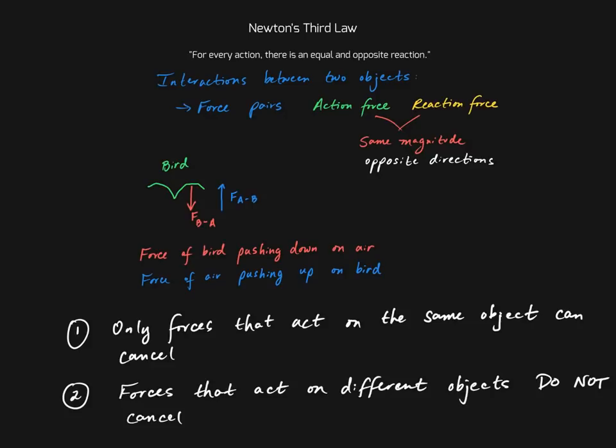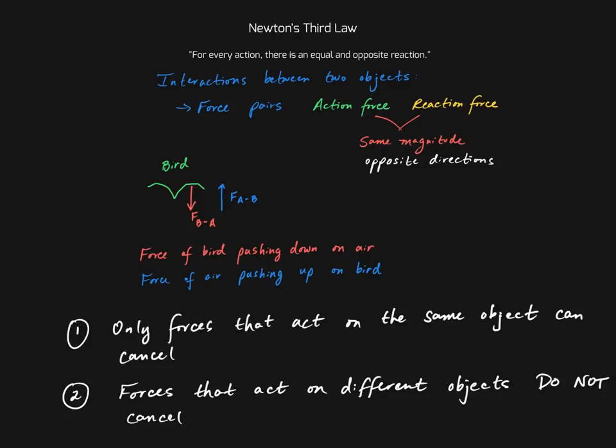The reason these forces do not cancel out is because they affect the motion of two different objects. Going back to our bird example, this action force of the bird pushing down on air is actually moving the air. We can't see that, but it's happening. And because of this reaction force, the motion of the bird is being affected. It's being pushed upward.